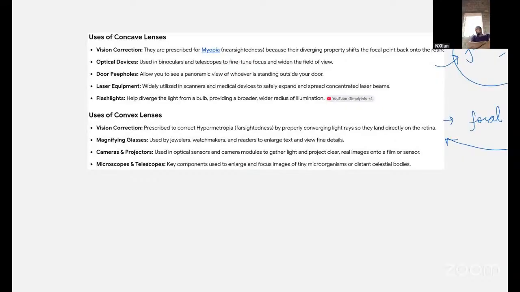Christiana, Vidya, Miracle, turn the camera, please. Anybody has specs? So when you say laser equipment, what does that mean? There is laser equipment, like a scanner.